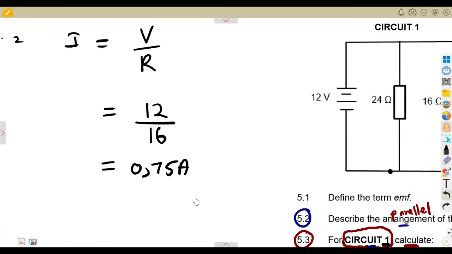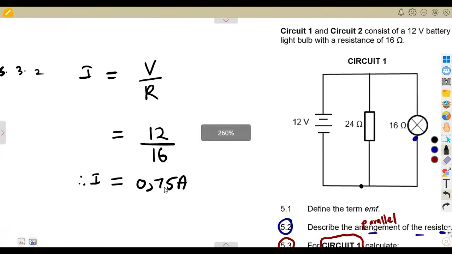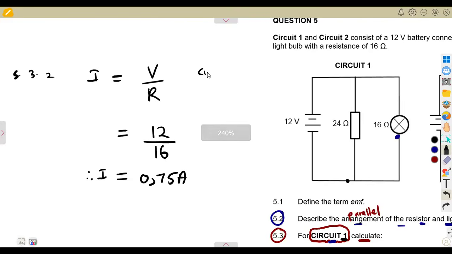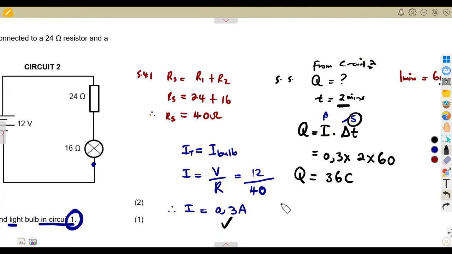Take note. From the first one, our current was given as 0.75, which is from circuit 1. The light bulb has a current of 0.75. If we check the second one, the light bulb has a current of 0.3.